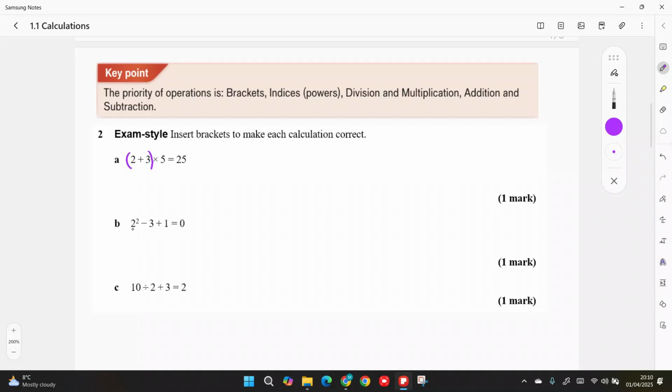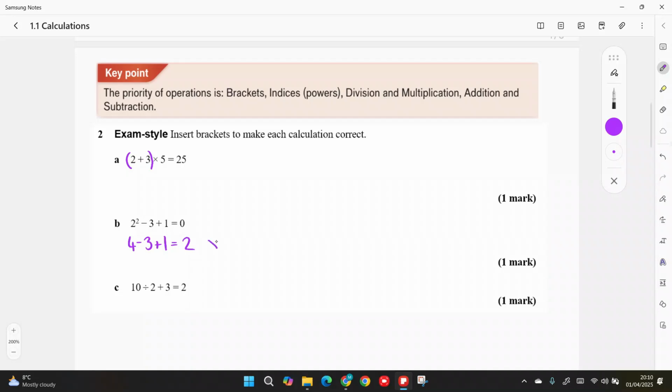The next one, we've got 2 squared minus 3 plus 1 equals 0. So again, 2 squared is 4. If I was to subtract 3 from 4 and then add 1, what's going to happen? Well, 2 squared being 4, take away 3 plus 1, does that equal 0? 4 take away 3 is 1, add 1 would give me 2.